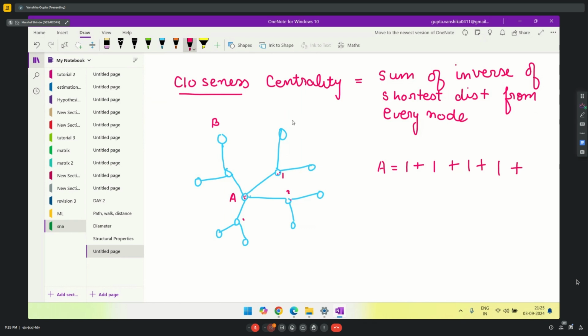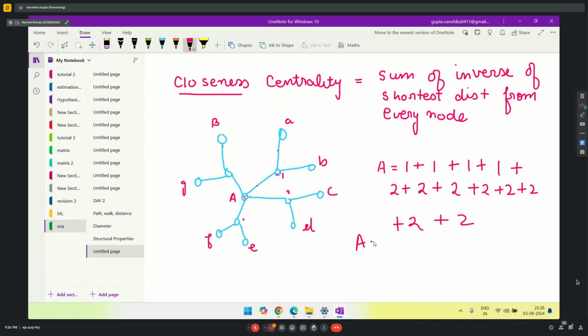Plus, now from A to this particular node, let's name it small a, I need to travel 2. A to small b, again 2. To c, again 2. To d, again 2. Same way for e, f, g, and this B, I have to travel 2 distance. So the total, if you sum it all, is 20.